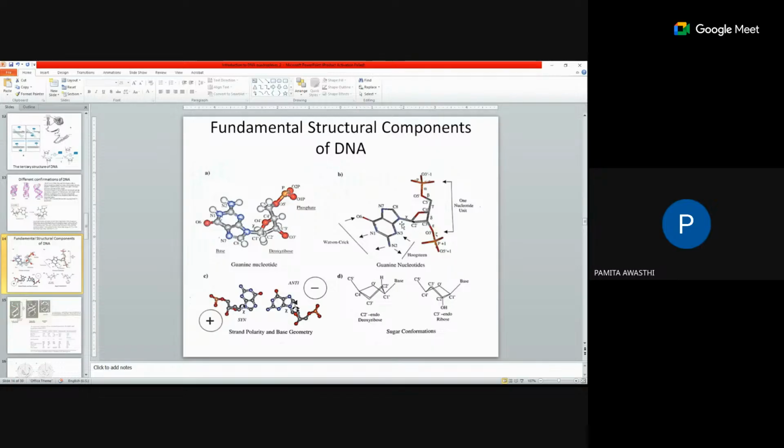So the dihedral angle I'm talking of is the glycosidic angle, that is chi. This is the chi which is joining the sugar molecule with the nitrogenous bases. This is defined as O4 prime, C1, N9, and C4 or C8.